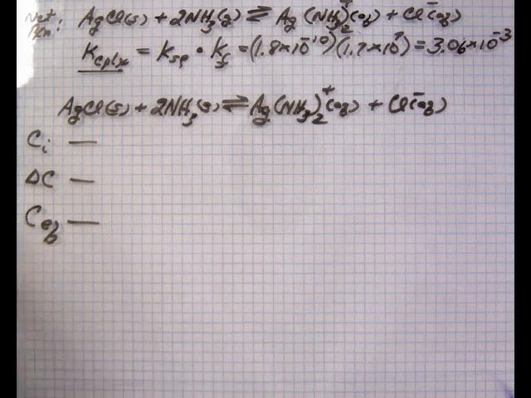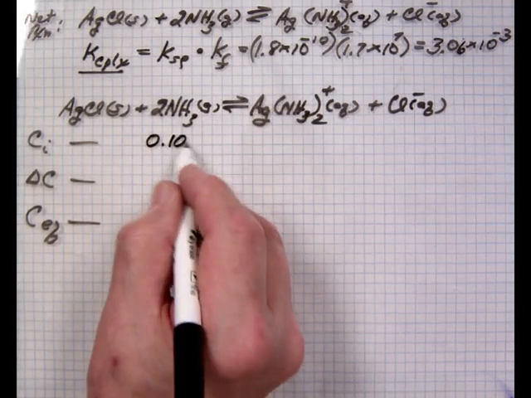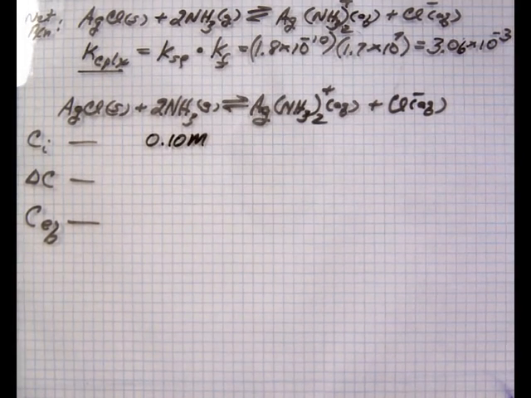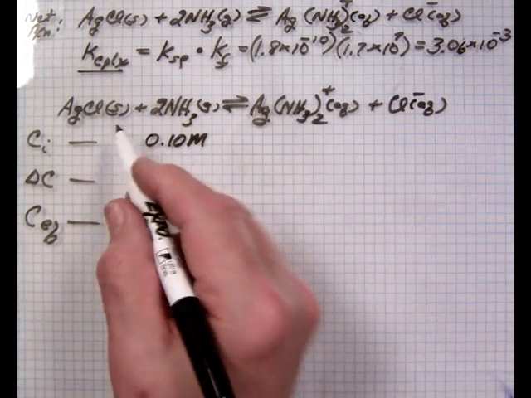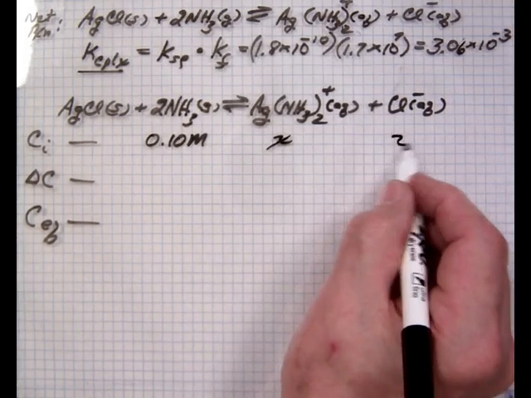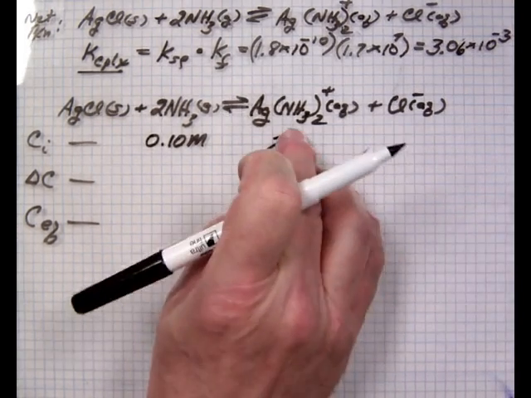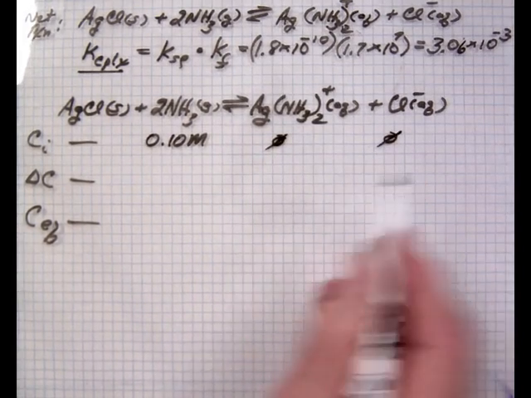So let's say we put 0.10 molar of ammonia into the solution. Let's start out with zeros and build our table. Sorry, 0 and 0.